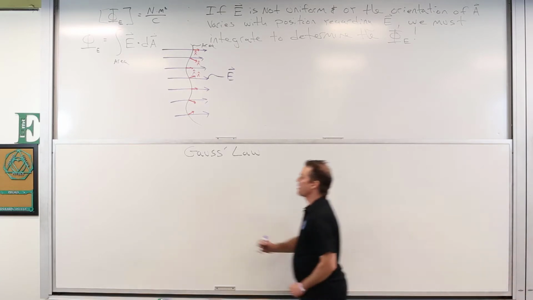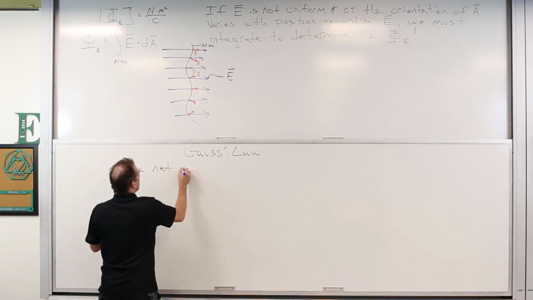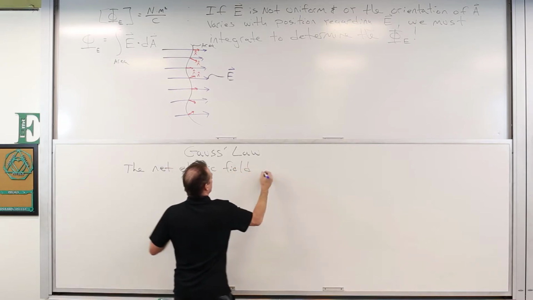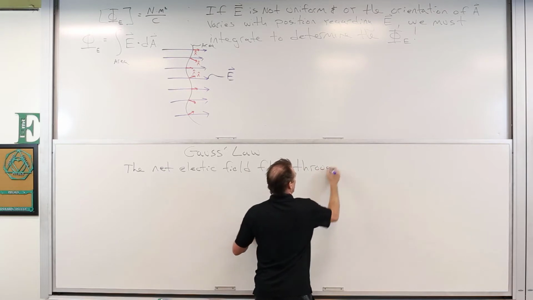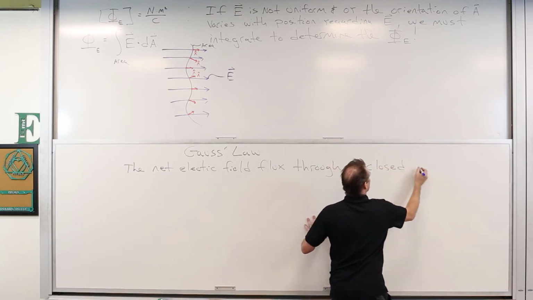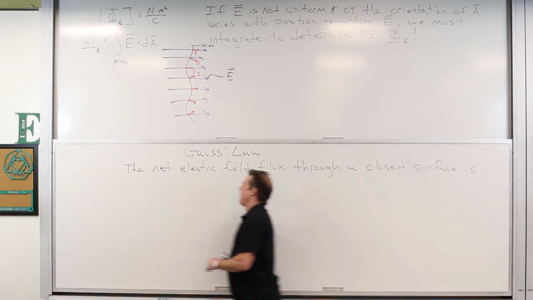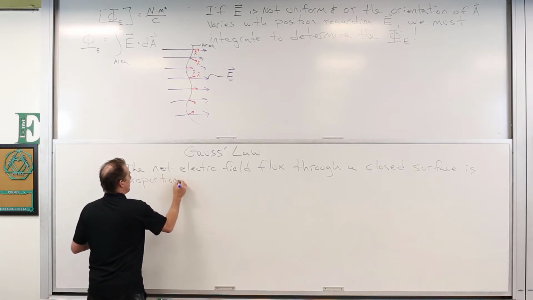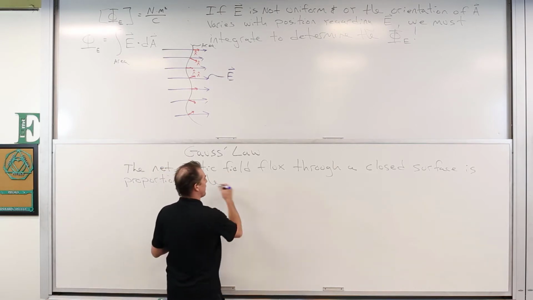Gauss's law says the net electric field flux through a closed surface is proportional to the amount of charge enclosed by that surface.